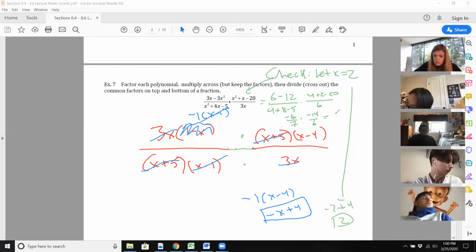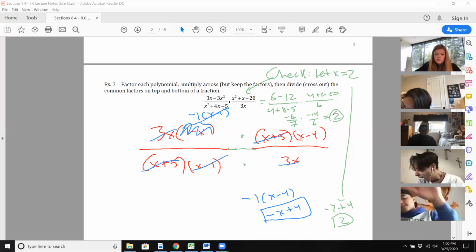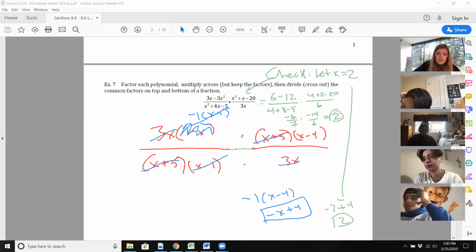Yes, you will get 2. So you can always check that you've simplified correctly by plugging numbers into the simplified form as well as the original expression, and you should get the same output. Again, the algebra is factoring and then crossing stuff off.